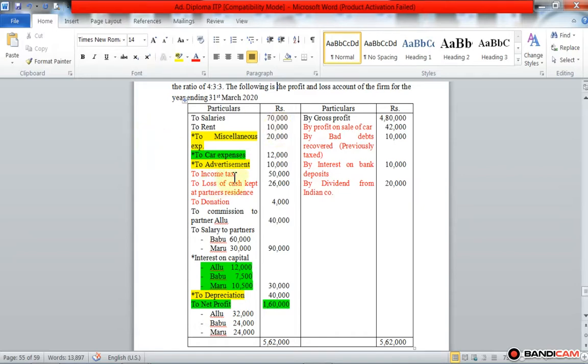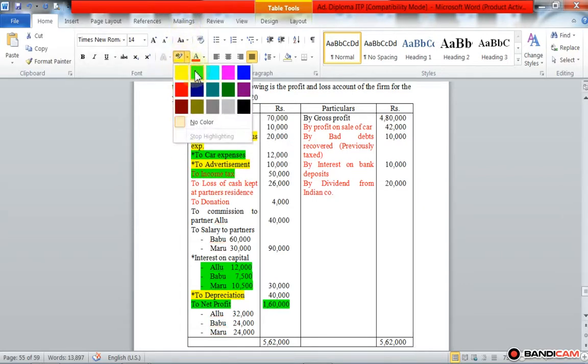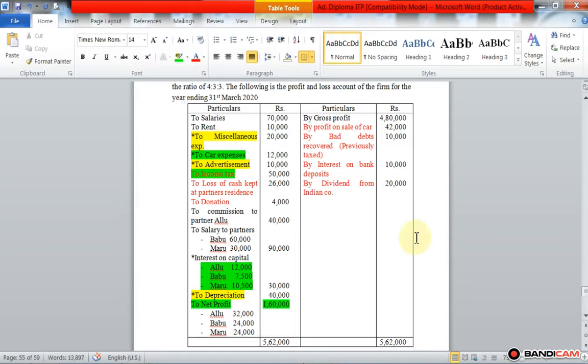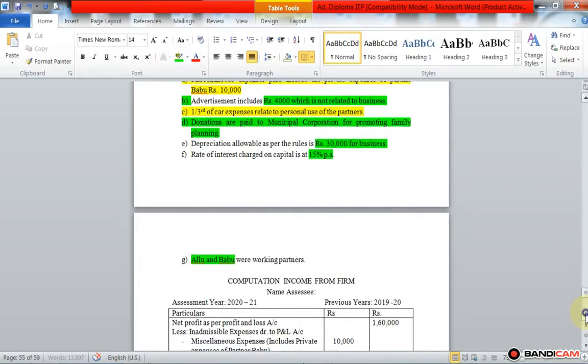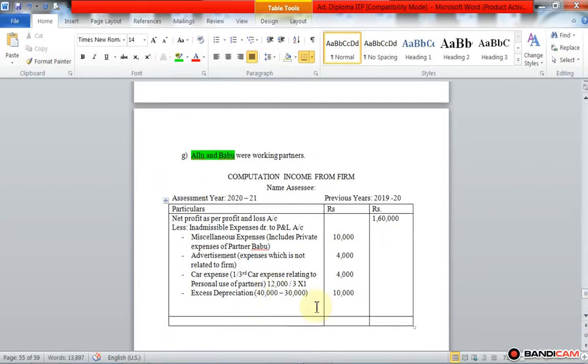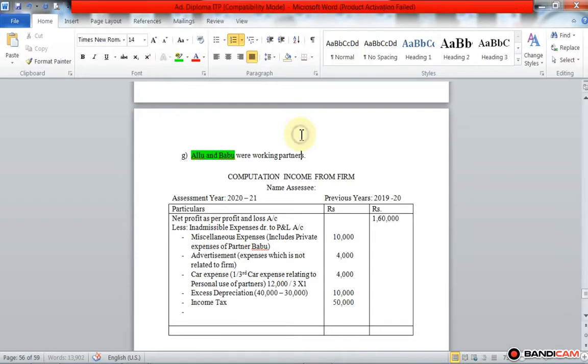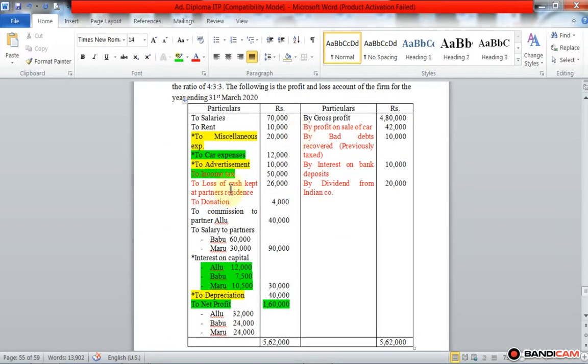So here income tax is not related to the business, so add in net profit 50,000. Then next, loss of cash at partner's residence, 26,000.